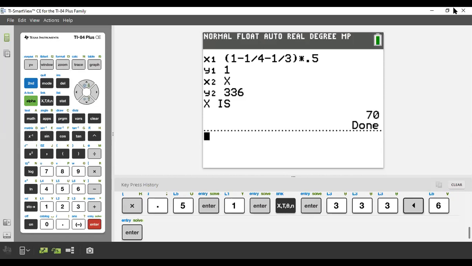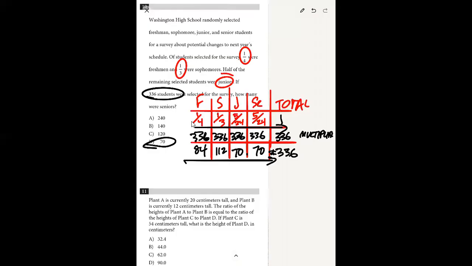So let's go back to my test. All right, number 11. So this one would be option 4 for proportions. So I'm just going to write that on here. Number 11 says, plant A is currently 20 centimeters tall, and plant B is currently 12 centimeters tall.